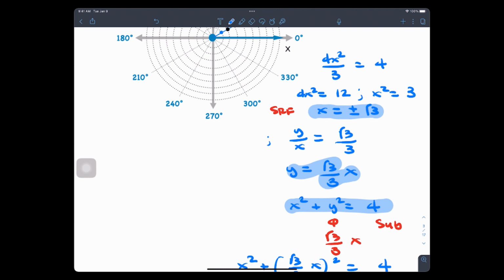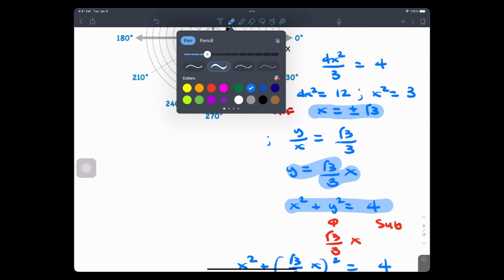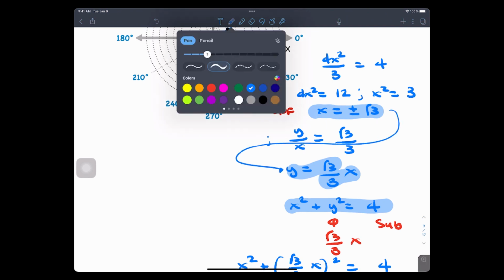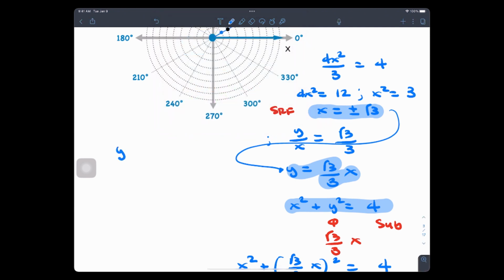We got the x coordinates. How do we get y? You say, how do we get the y coordinates now? We'll plug this in here to y. Y is square root of 3 over 3 now times the plus or minus square root of 3, right?